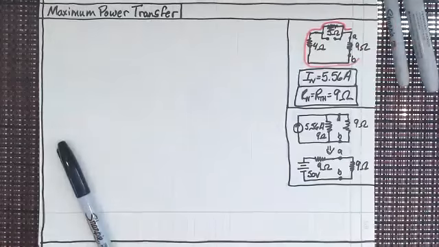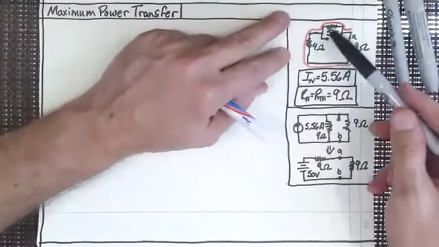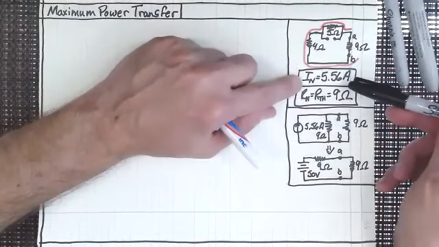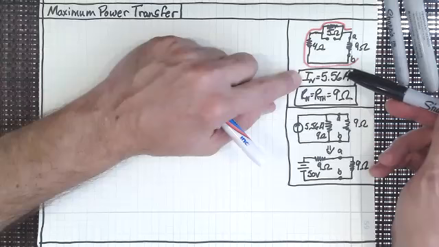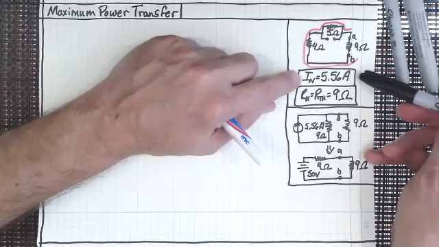So 5 plus 4 is 9. The current source for Norton's theorem is the same. I didn't do that incorrectly at all.